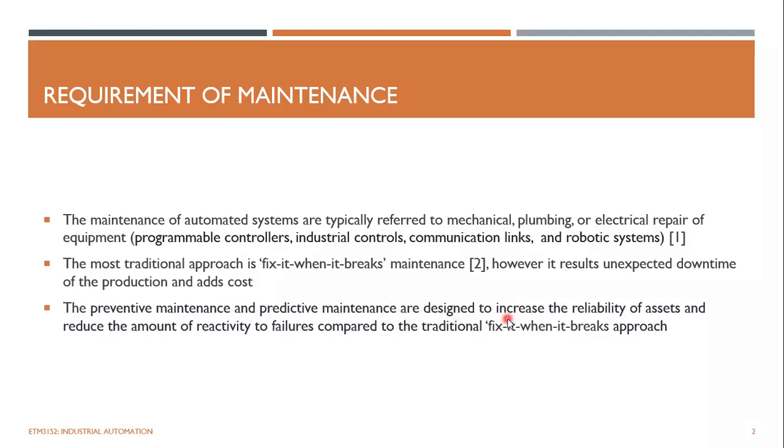These two techniques are designed to increase the reliability of the system and reduce reactivity to failures compared to the traditional fix it when it breaks approach. So most industries maintain using preventive and predictive techniques.